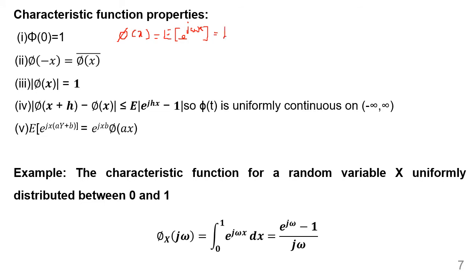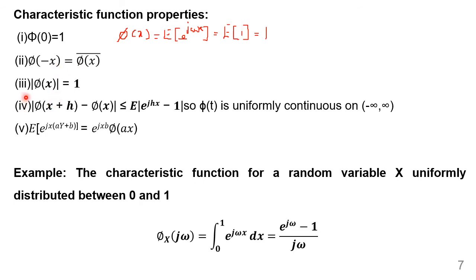In this case, x equal to 0, so expectation of 1, that is equal to 1. Similarly, we have another property, phi of minus x is equal to phi x of bar. This also can be derived in the same method.